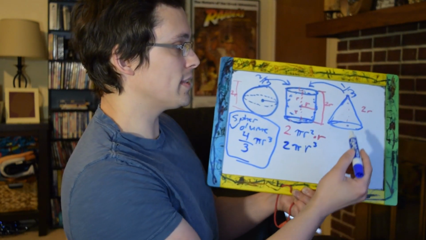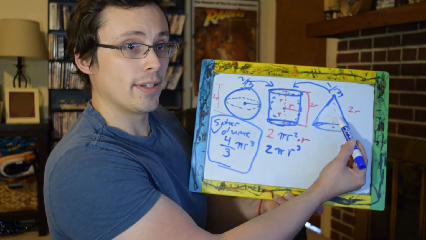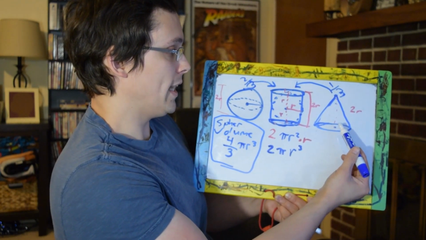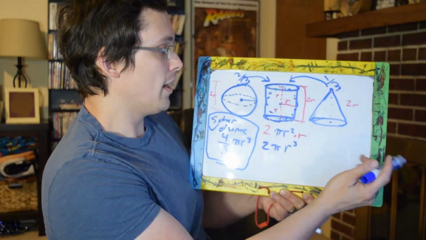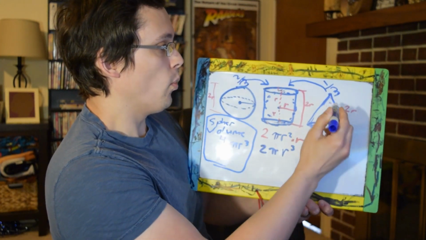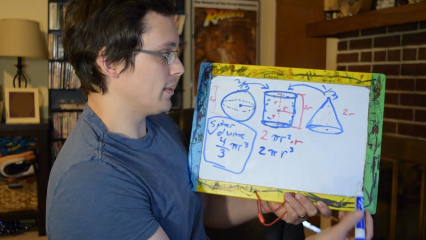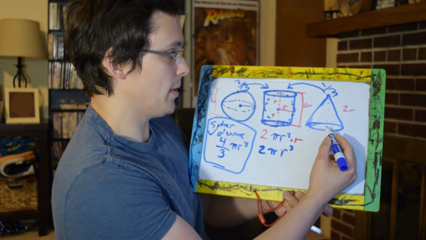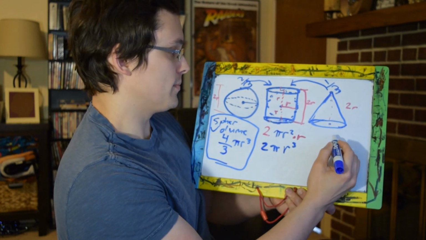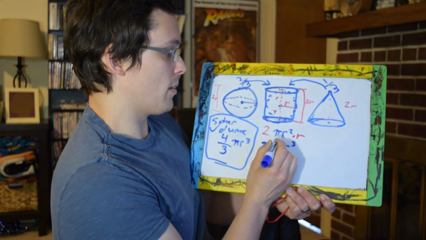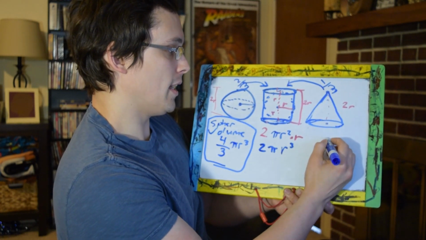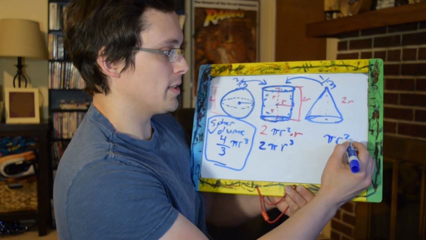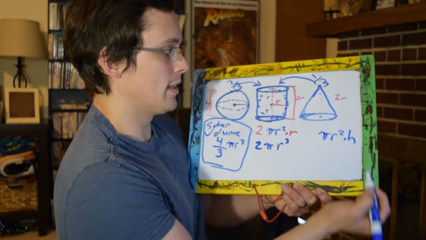And then now let's do the same thought process to get our cone volume formula. So the volume formula for a cone is going to be 1/3 of the cylinder. So the cylinder is going to have a volume of pi r squared times the height. So a cylinder volume is pi r squared times the height.